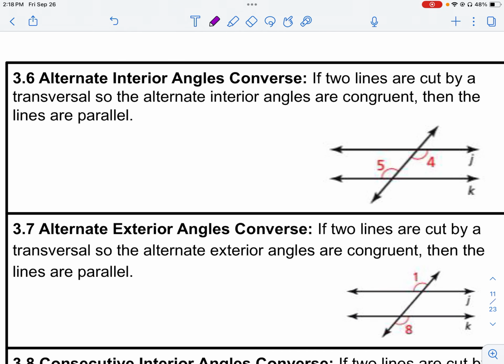So let's talk about the alternate interior angles converse, because it works exactly the same way as the corresponding angles converse. If two lines are cut by a transversal so that the alternate interior angles are congruent, then the lines are parallel. So if the angles are congruent, the lines are parallel.